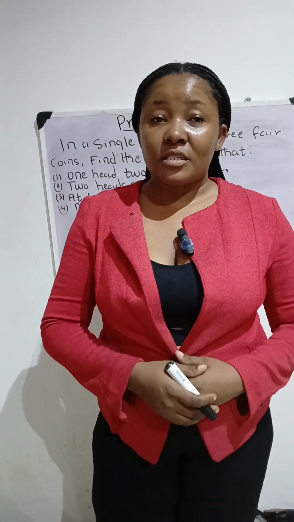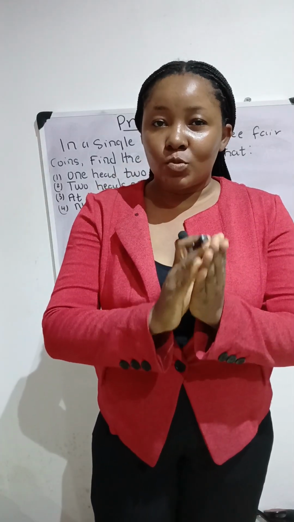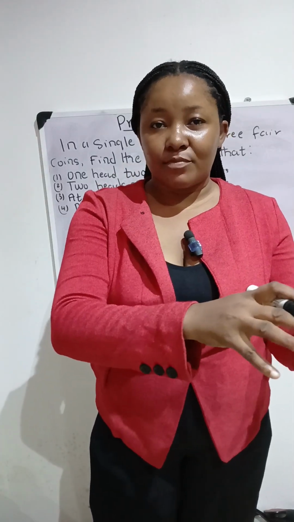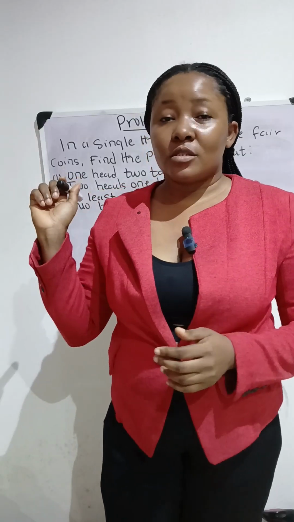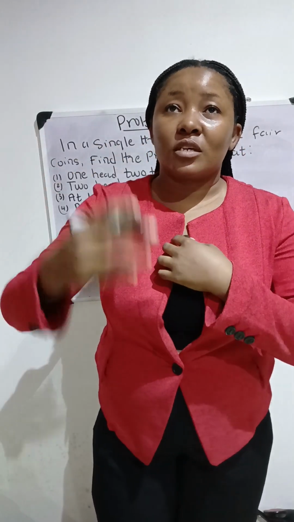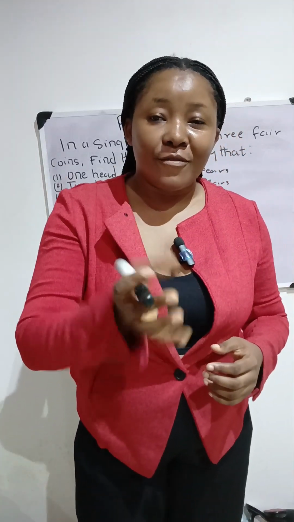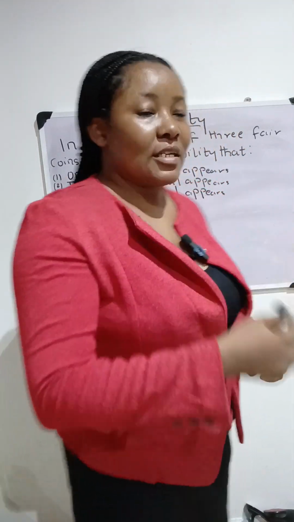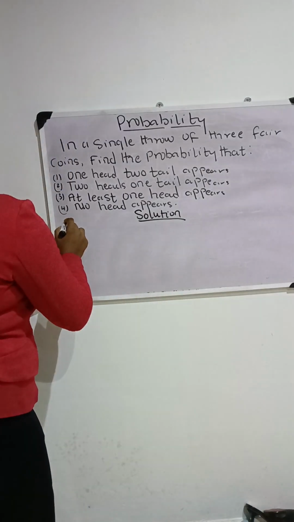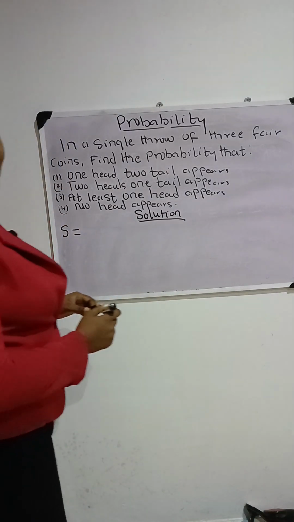A sample space is a collection of possible outcomes with respect to that particular experiment. So we are going to be generating the possible set of outcomes with respect to the throw of three coins. So let's do that. This is our sample space. We'll use a capital letter S to represent it.